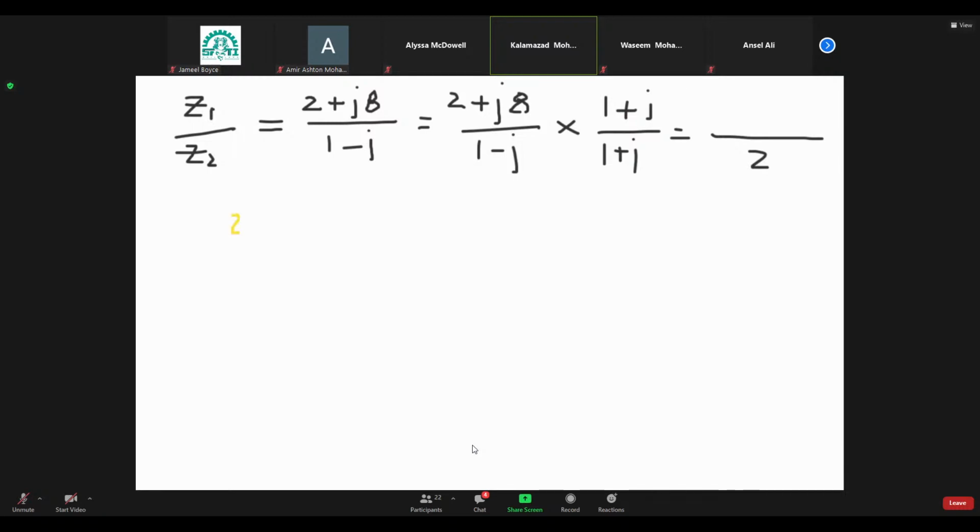So that's 2 plus J8 plus J2 plus J squared 8. Yeah?